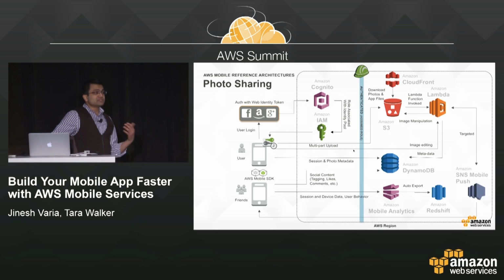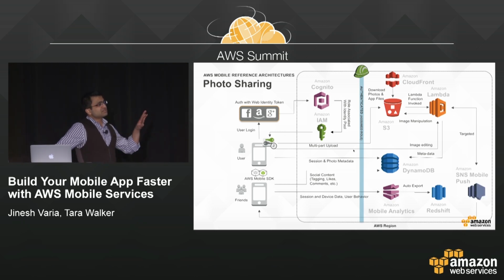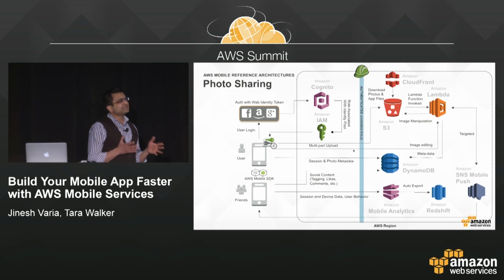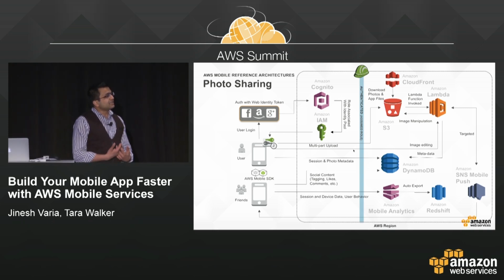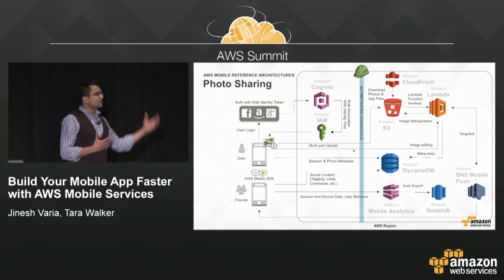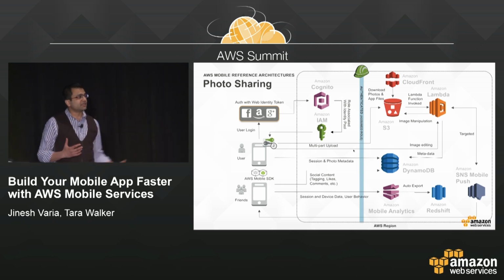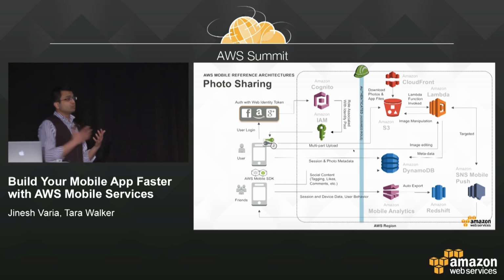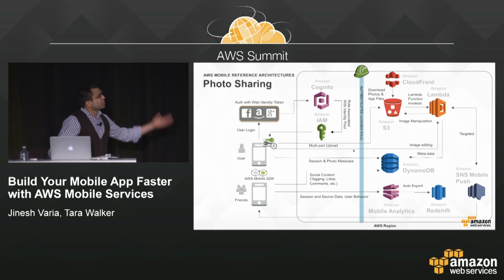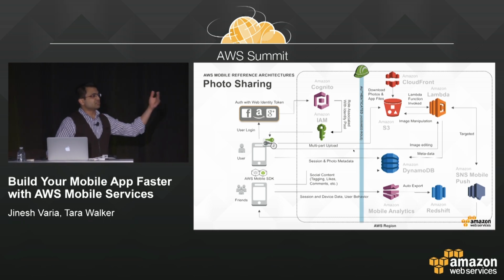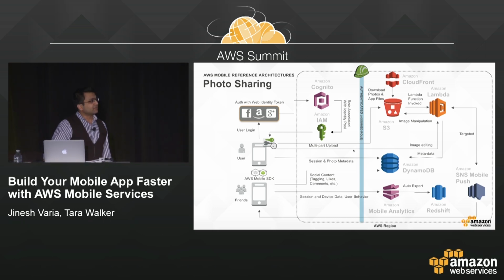Then you can use SNS to bring users back with targeted push notifications. This is just an example of, let's say you're building the next Instagram that needs lots of media editing, downloading, sharing, and lots of media. If you're building your next Instagram on AWS, you would build something like this with just a few lines of code in your app itself.